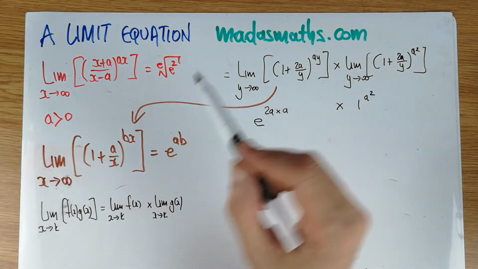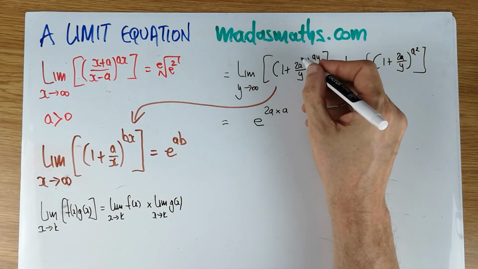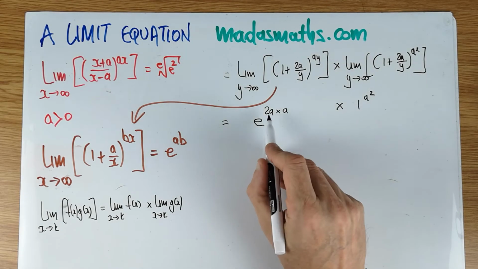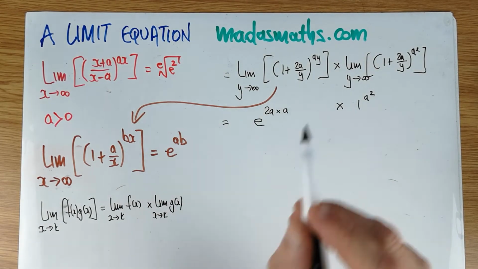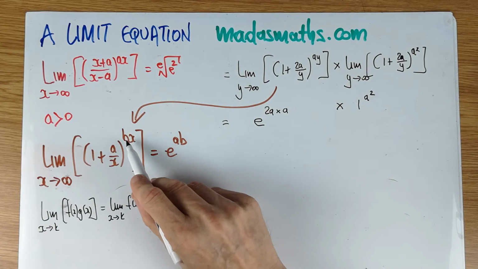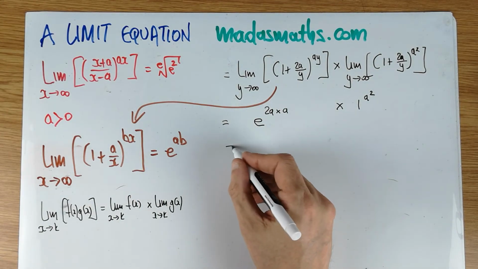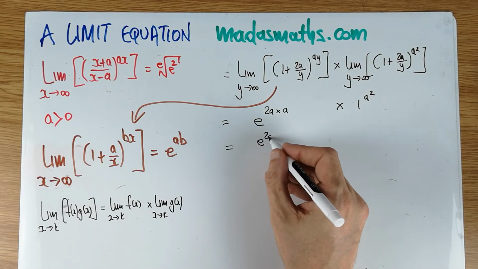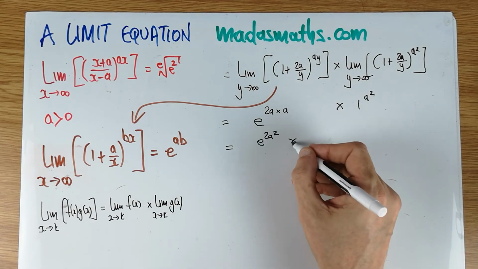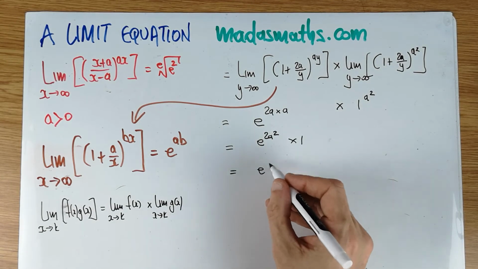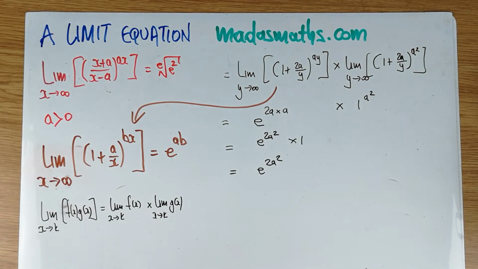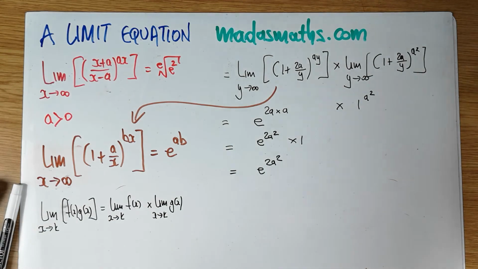I'm comparing with this. So your 2a is your a, and your b is also a, so that's that. So the answer is e to the 2a squared times 1. So this limit is, in fact, e to the 2a squared. I think that was quite involved.